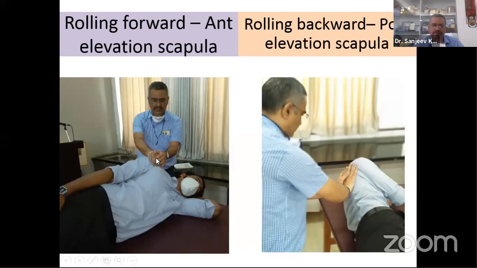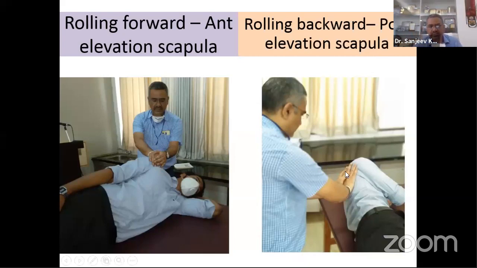What effect will it have? If the patient is in side lying, or if I put the patient in prone, and I use this technique, then the patient will try to move the body. If the patient is in supine, and I use the same technique, the patient will try to come up from the upper part of the trunk.